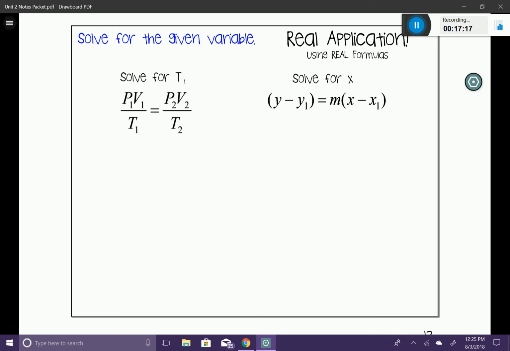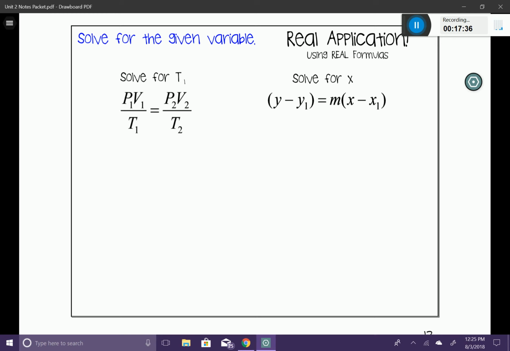For this one, we want to solve for T sub 1. Now, these little numbers, the 1s and the 2s, let me explain the formula. The P is going to stand for pressure, the V is going to stand for volume, and the T is going to be temperature.